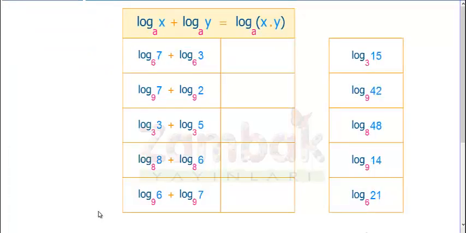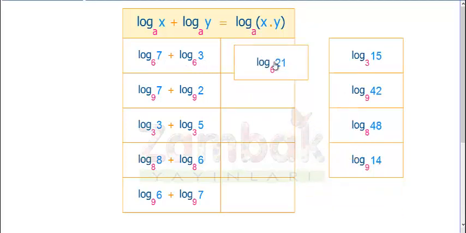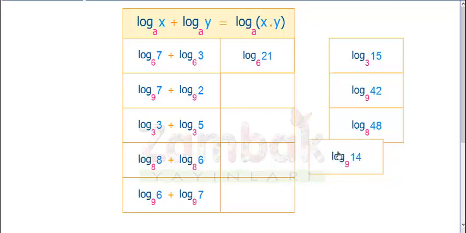Okay, here we are going to multiply. The bases are the same, so we are going to multiply only the arguments: 7 times 3 is going to be equal to 21, so base 6 of 21. Then there's an addition, a plus sign here: 7 times 2 is equal to 14.